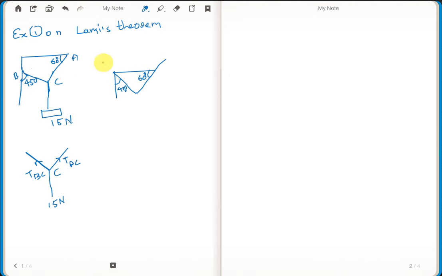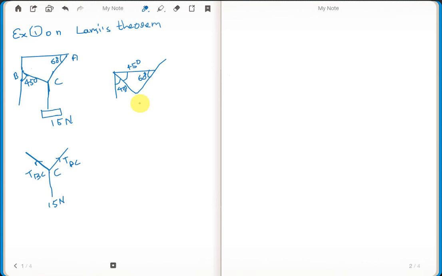When you draw a horizontal line, the angle becomes 90 degrees. So 90 minus 45 will give you again 45 degrees. From the triangle rule, the sum of all angles should be equal to 180. So this angle will be equal to 180 minus the sum of these two angles.